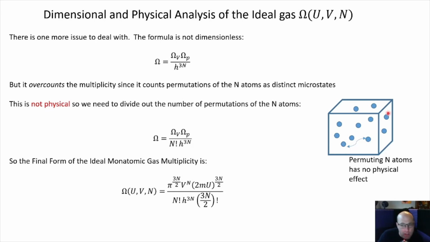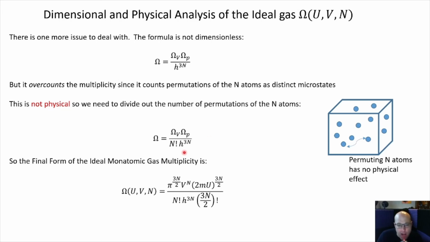And in particular, it counts all the permutations of all n atoms as distinct, and that's not allowed, right? It's not physically reasonable that swapping two like atoms would give rise to a different configuration.